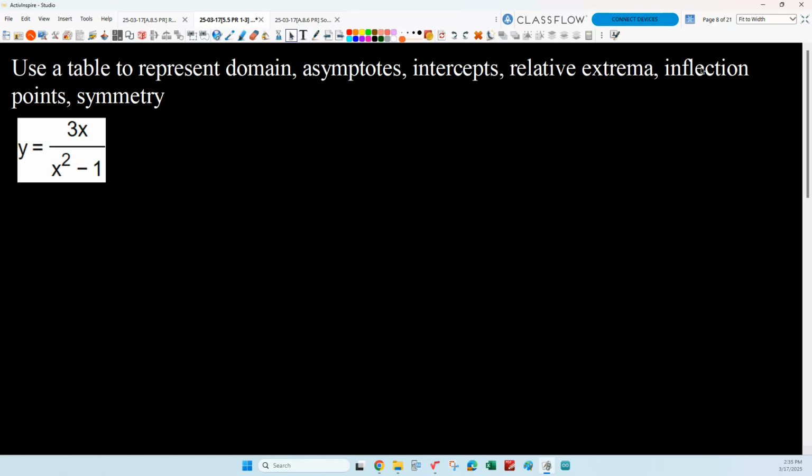If I evaluate this at negative x, the only thing that's going to change is the sign of the numerator, right? So we're just changing the sign of the whole function. The other way of thinking about it is that the top polynomial is odd and the bottom one is even. Odd divided by even is odd, right? Odd acts like negative, even acts like positive with sign conventions. Okay? Either way, we'll do this one.